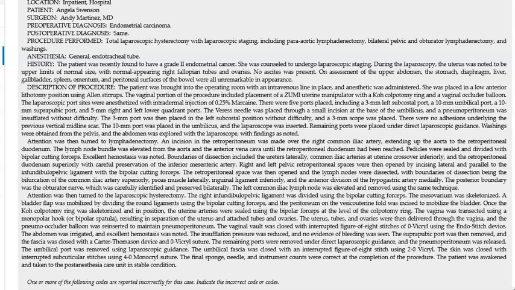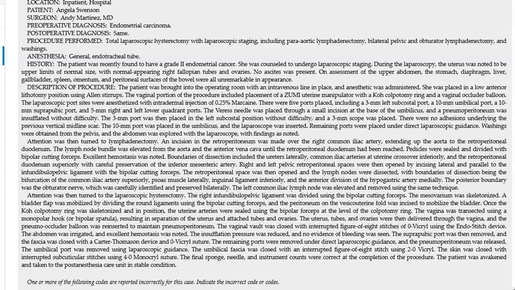Right and left pelvic retroperitoneal spaces were then opened by incising lateral and parallel to the infundibulopelvic ligament with the bipolar cutting forceps. The retroperitoneal space was then opened and the lymph nodes were dissected, with boundaries of dissection being the bifurcation of the common iliac artery superiorly, the psoas muscle laterally, inguinal ligament inferiorly, and the anterior division of the hypogastric artery medially.